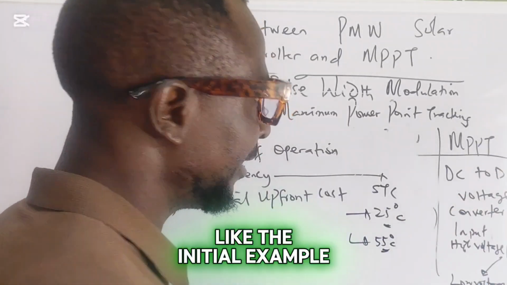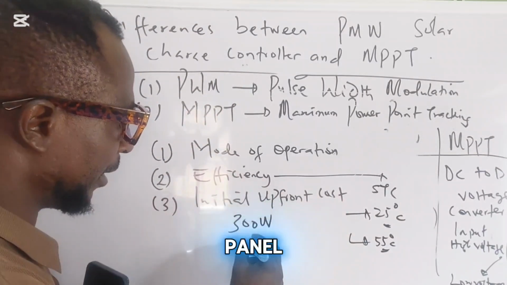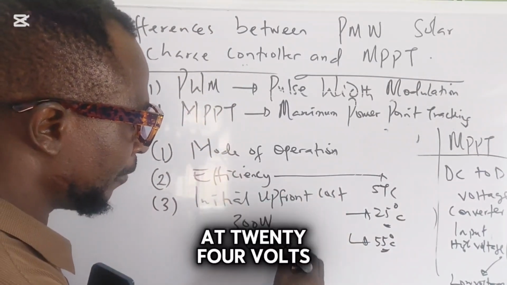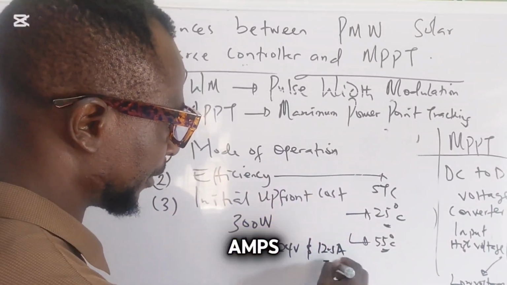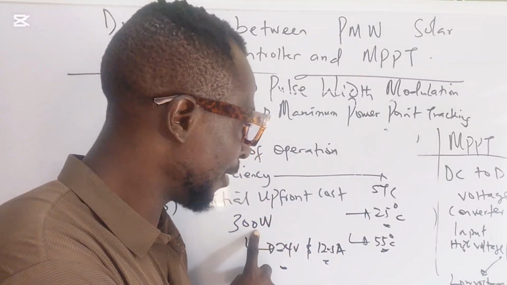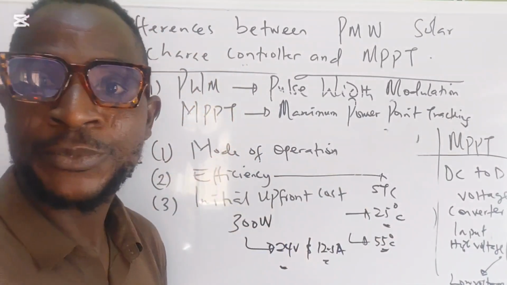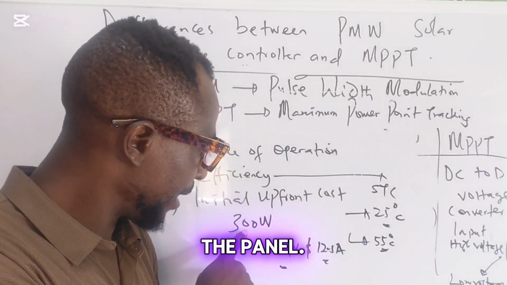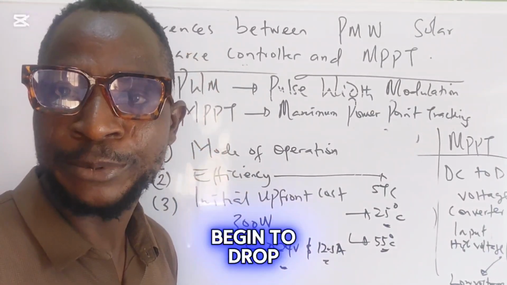Like the initial example we gave, we said we have a 300 watt solar panel at 24 volts and 12.5 amps. Once the temperature is very high, what happens? The panel voltage begins to drop.